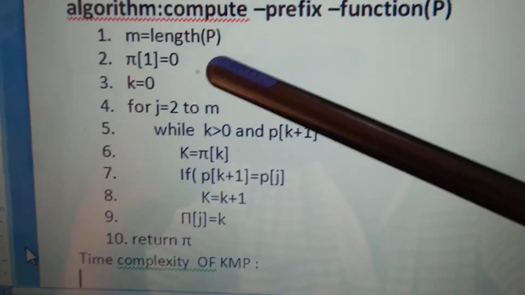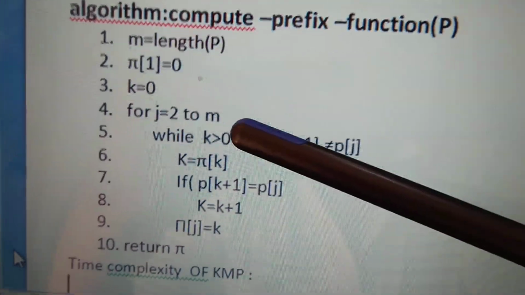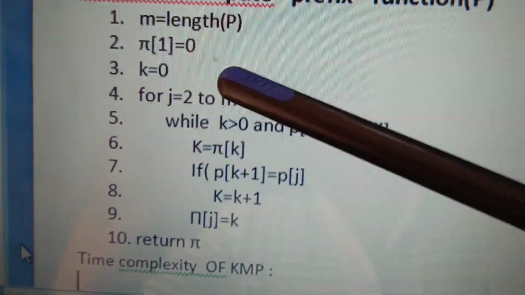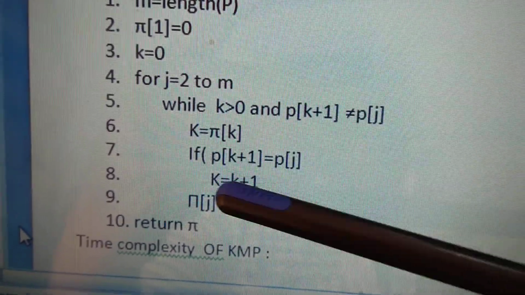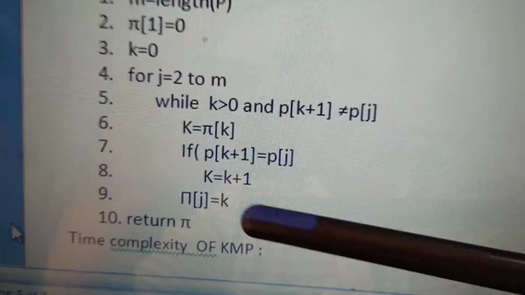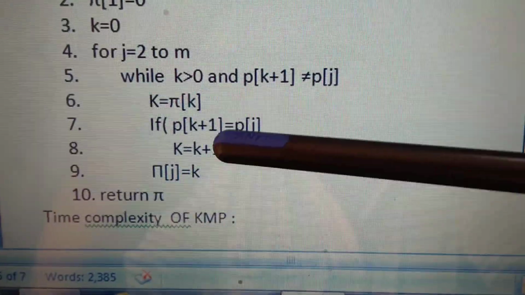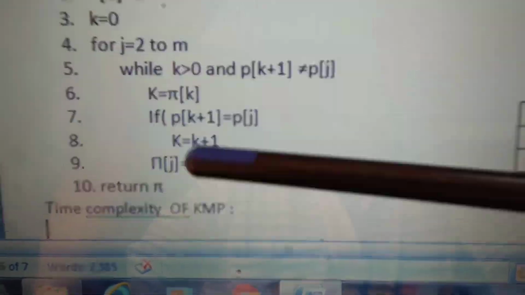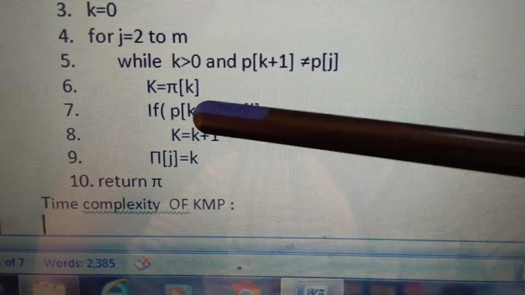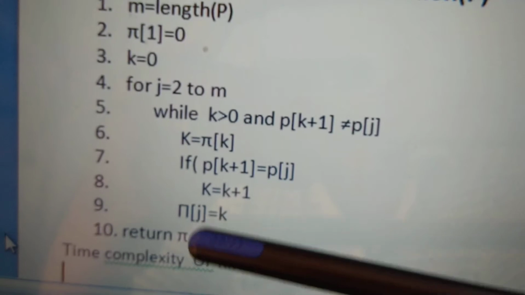Pi of 1 initially is 0, that means the initial character is not repeated, that's why for the initial character the pi value is 0. From the second character onwards we use this loop. If a character is repeated, then we increment the k value and assign that incremented value to the pi value. So finally we return the pi table.